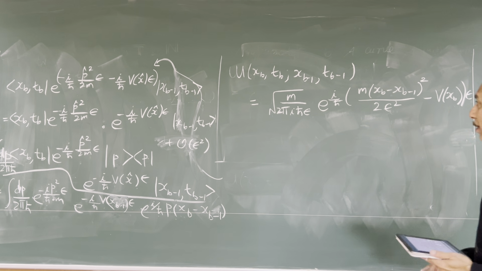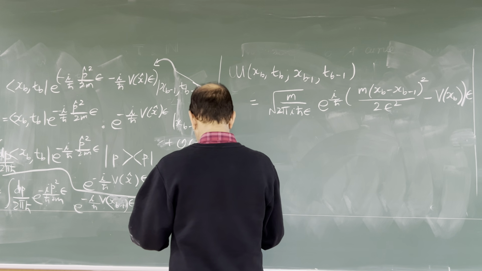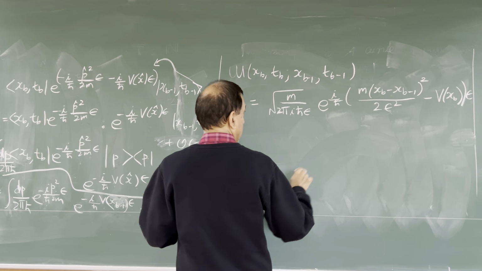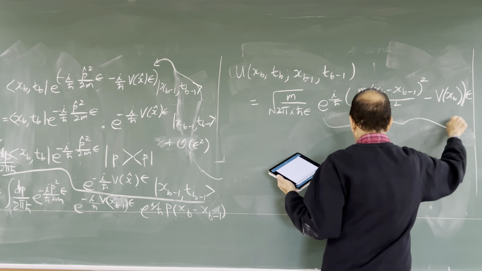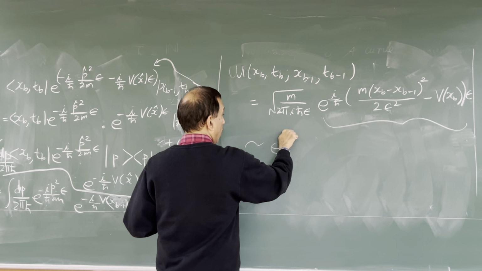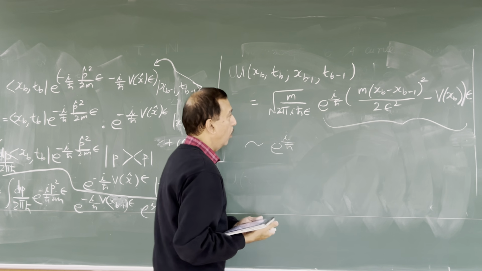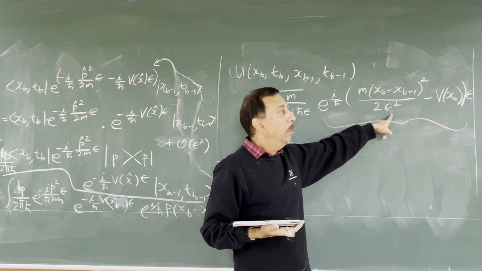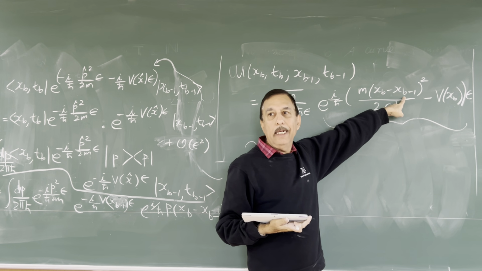But now comes a very brilliant fact, which is that this quantity in the exponent here is equal to e to the i over h bar. Now epsilon is a very small interval of time, like dt, and this is a small interval in x.